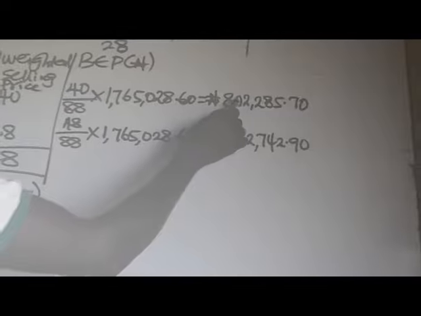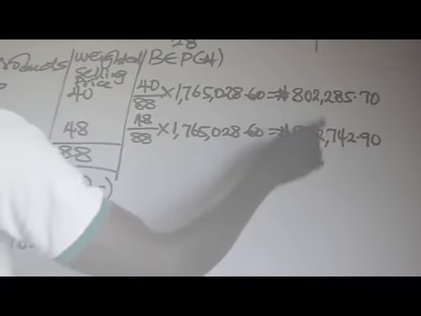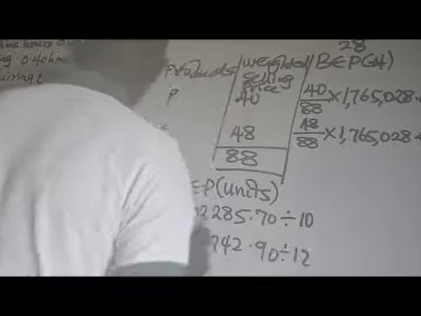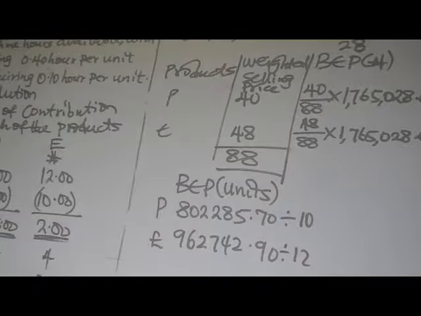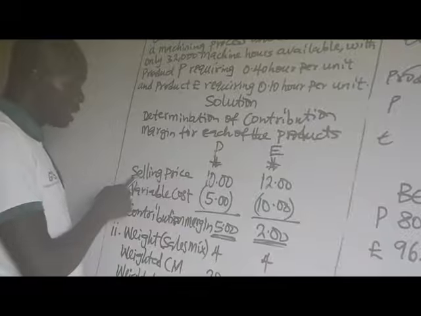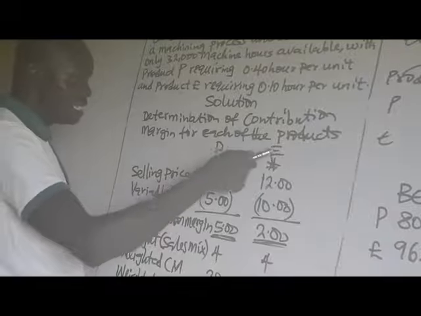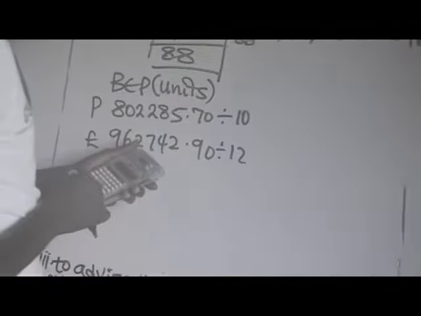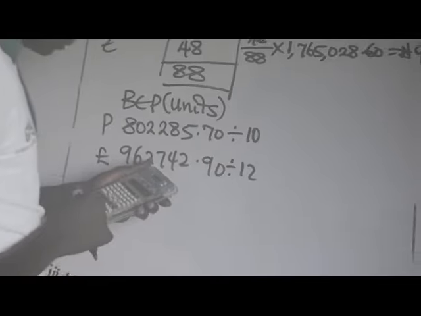You now divide it by the selling price. The selling price of product P is 10, while that of E is 12. So what is now the BP in units? Let's divide.